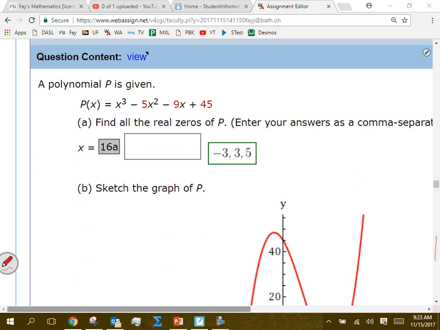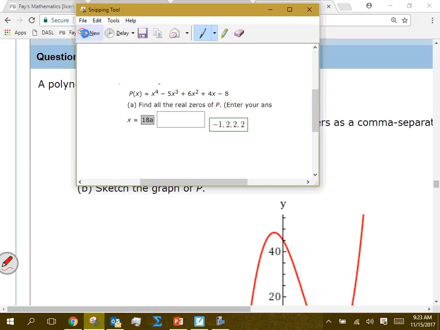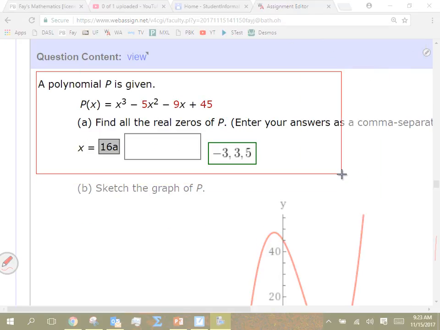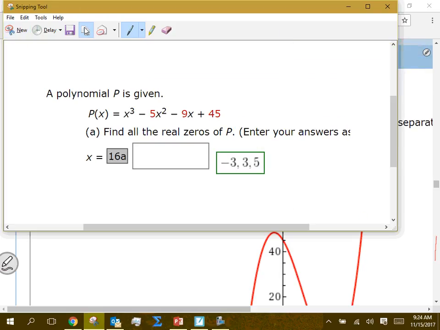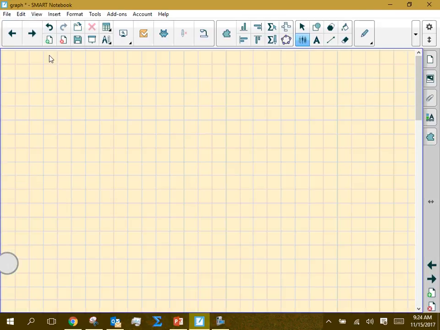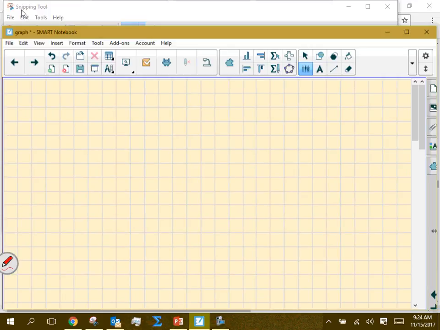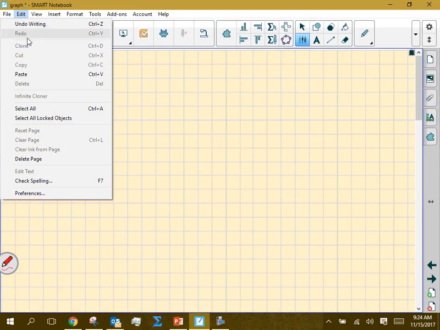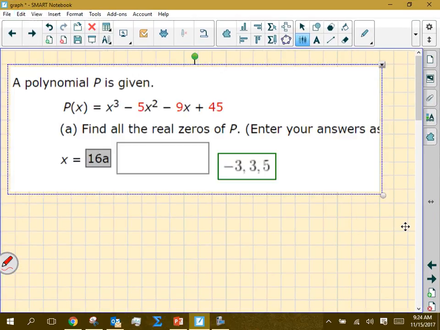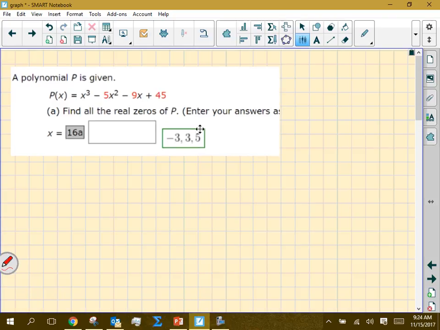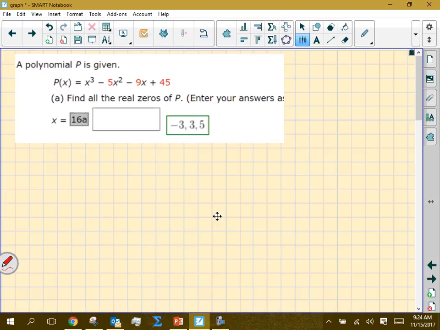So question 16. All right, so they ask you to look at that, find all the real zeros of P. The first handful of questions in the assignment were getting you to be able to find that, the factors of that are going to be your P values, right?